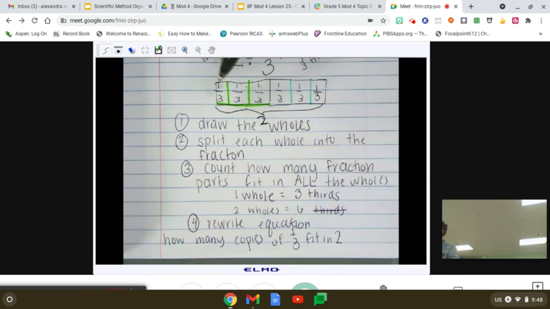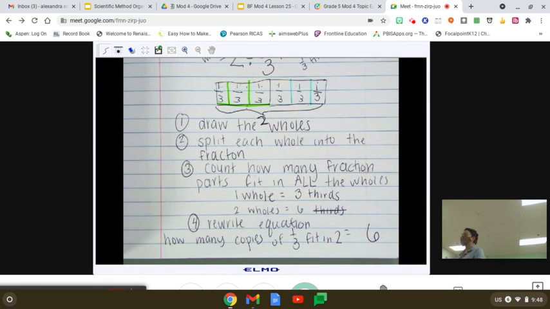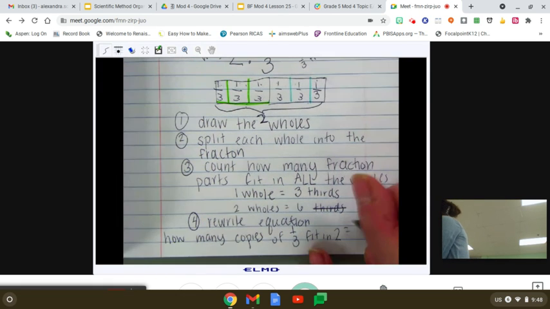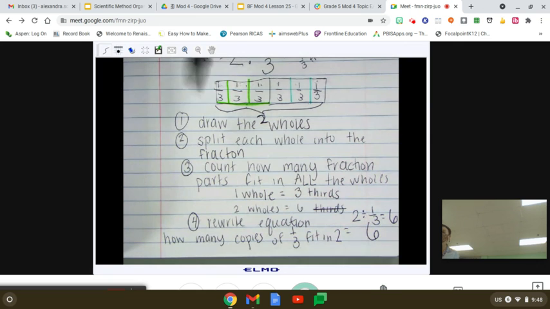How many copies are there? 1, 2, 3, 4, 5, 6. There are 6 copies in 2 wholes. So we write 2 divided by 1/3 equals 6, because 6 copies of 1/3 fit in 2.